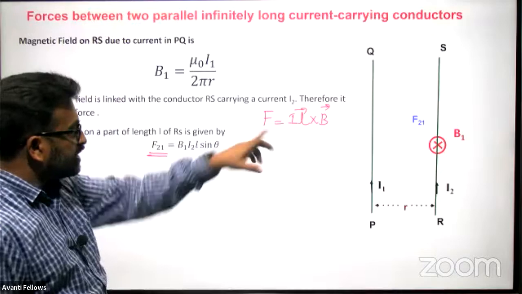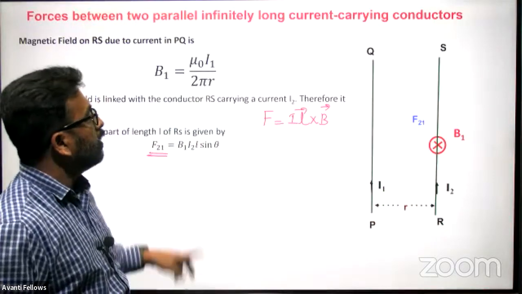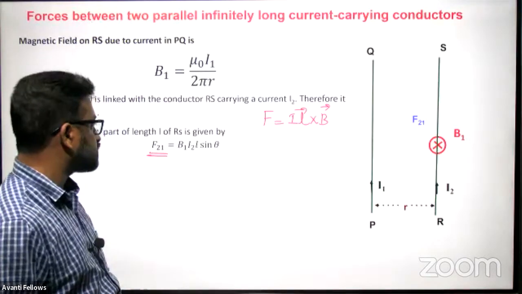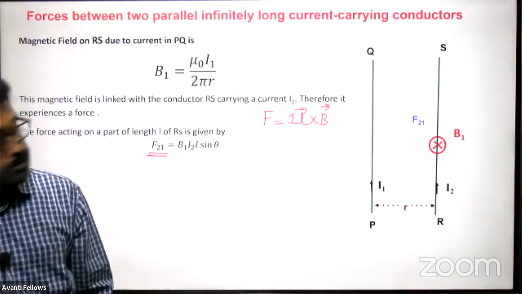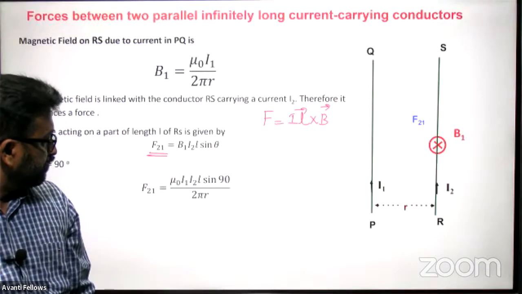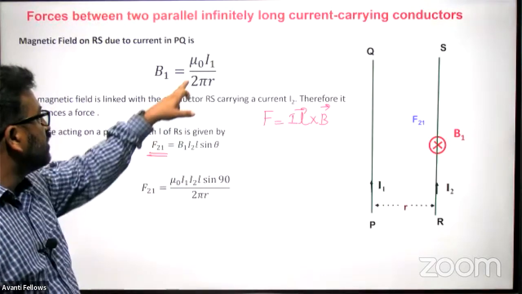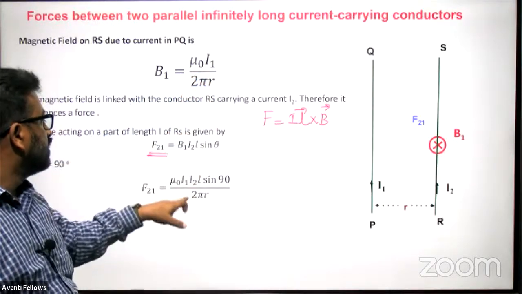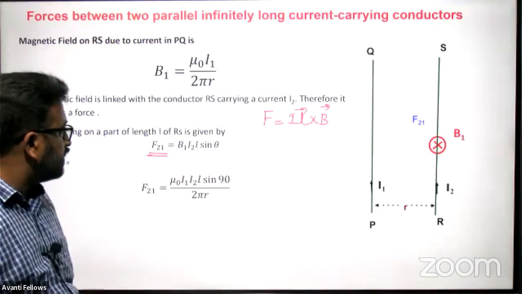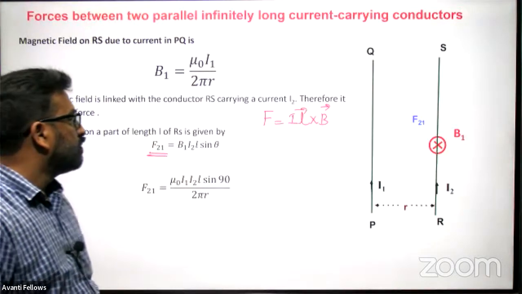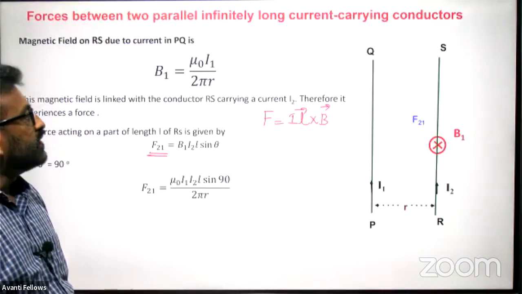Then I is I2, the current carried by this second conductor, into L. Then on solving, we substitute the value of B1, mu 0 I1 by 2 pi r. When we substitute, the angle theta is 90 here. Angle between IL and B.